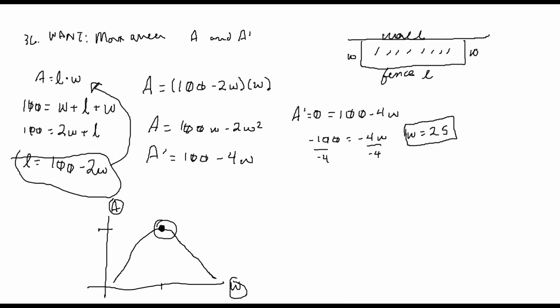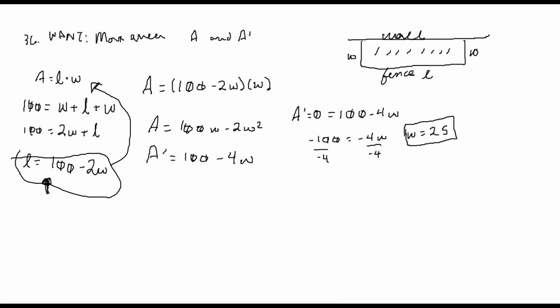So we're looking for the biggest area. And we have this condition, that there's only 100 feet of fencing. So we have this point. We are going to do our line thing where we say, is this a max or a min? I'm assuming it's going to be a max, but we just have to make sure.